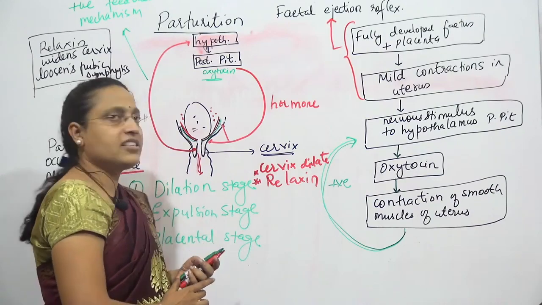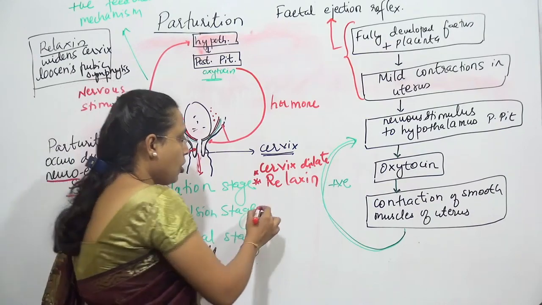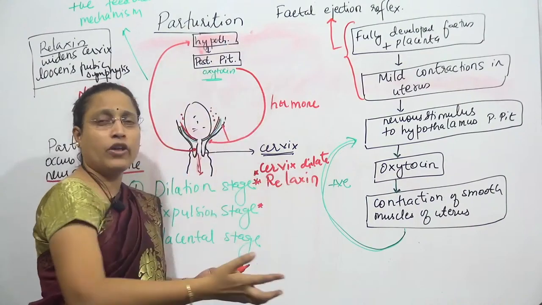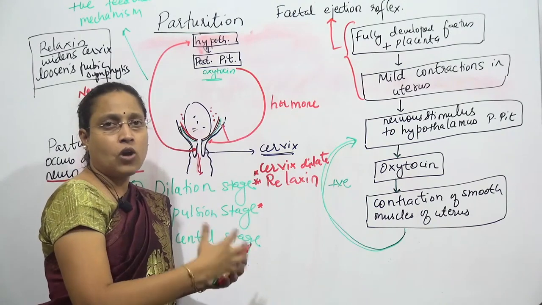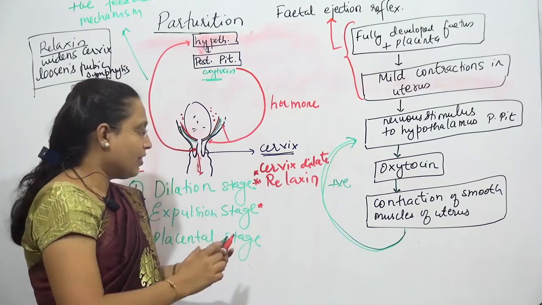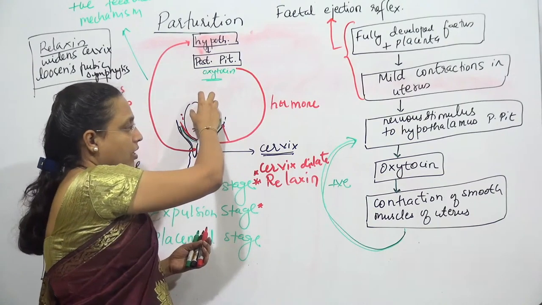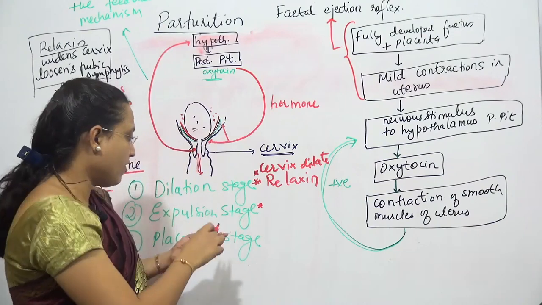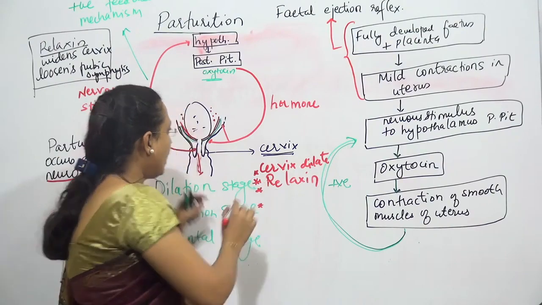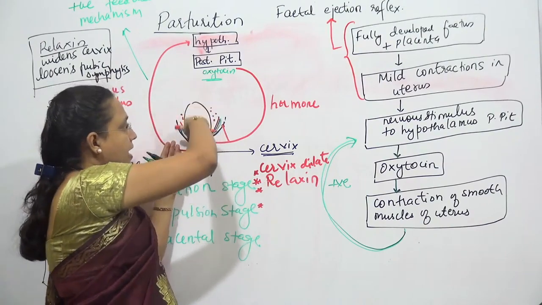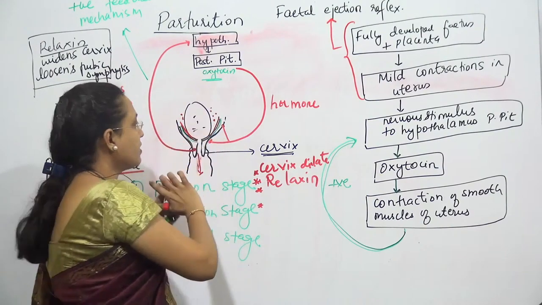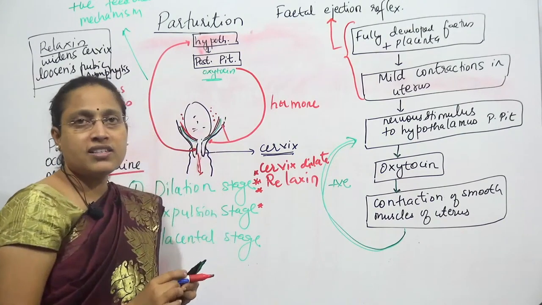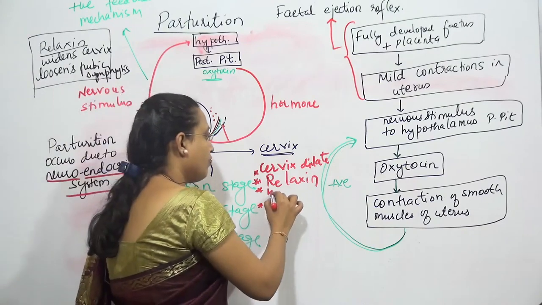Now in the expulsion stage, a strong continuous positive feedback mechanism will be going on. So at every step there is stronger and stronger muscle contraction. That will cause the birth process. Before that, as the cervix widens and the baby's head pushes to the cervix, these membranes will be ruptured and what comes out is called waters, or amniotic fluid.